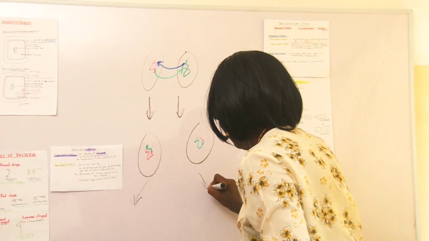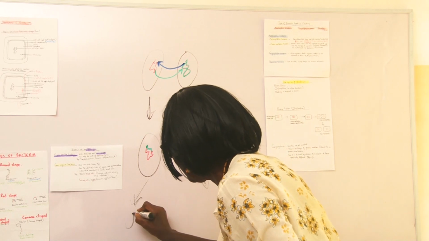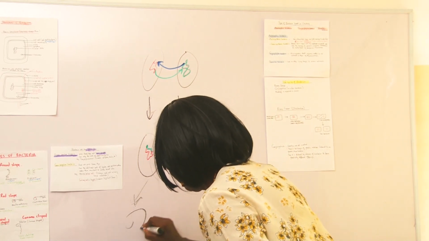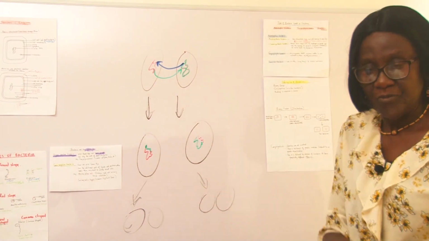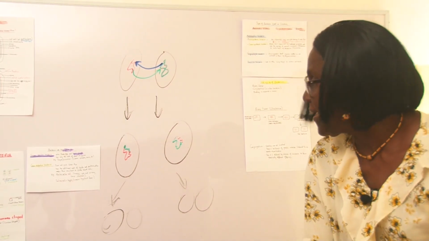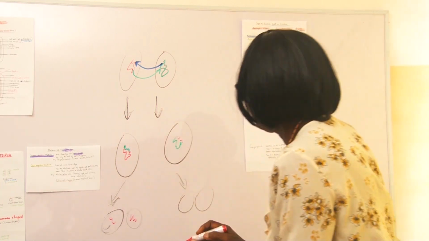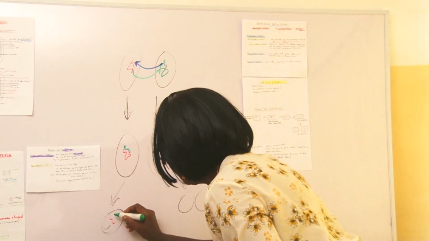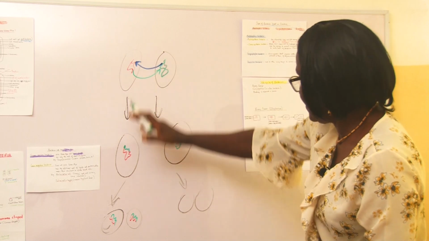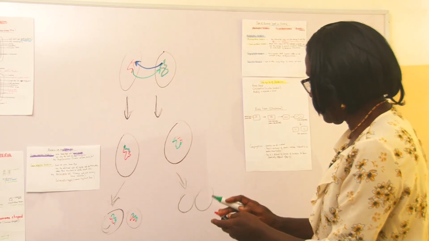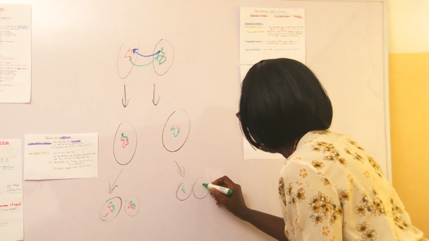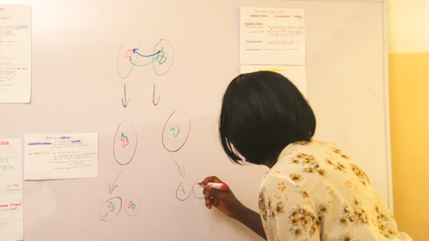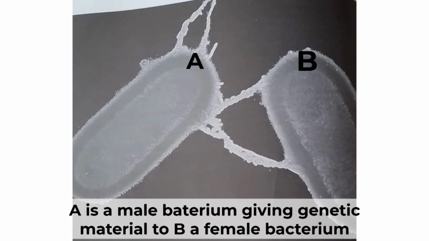They start dividing. So this one will produce offspring. This one will have this offspring, and this one too. So you see, that is conjugation.